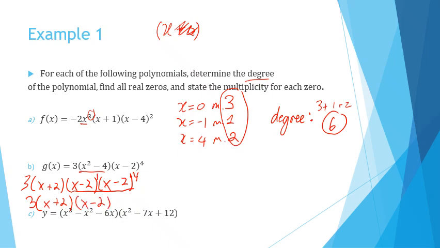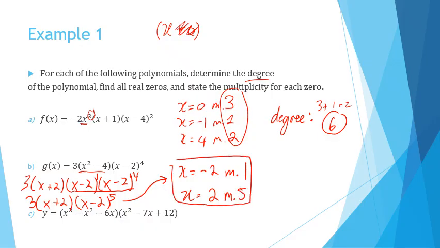And because there's 1 there and 4 on the right side, this is going to be x minus 2 to the fifth. So our zeros should be x equals -2 with a multiplicity of 1 and x equals +2 with a multiplicity of 5. And that should be our zeros there. And then our degree should be 6 as well. So just be cautious of that.